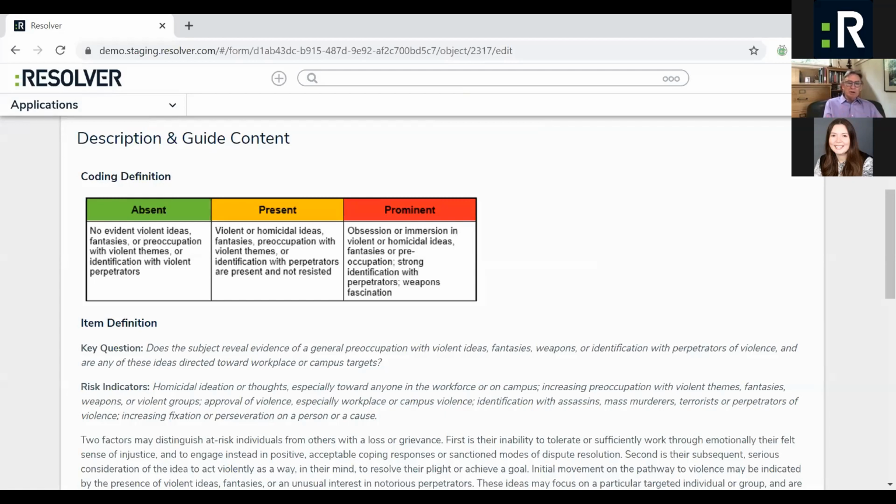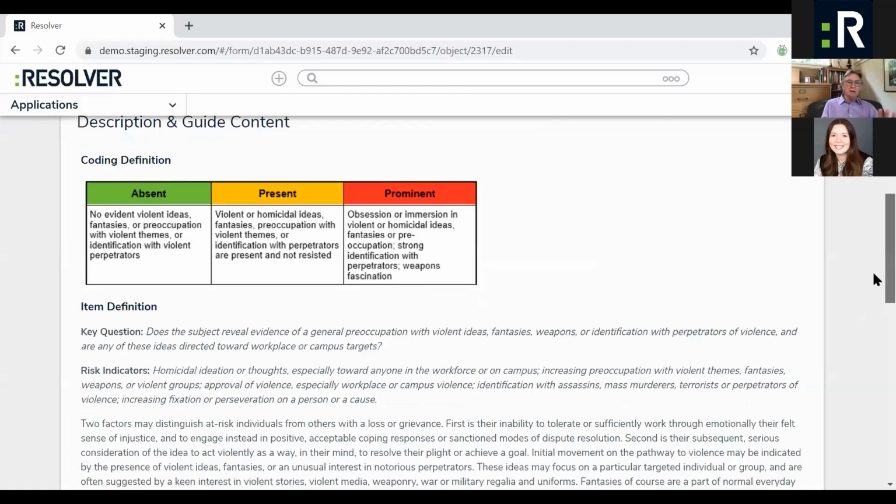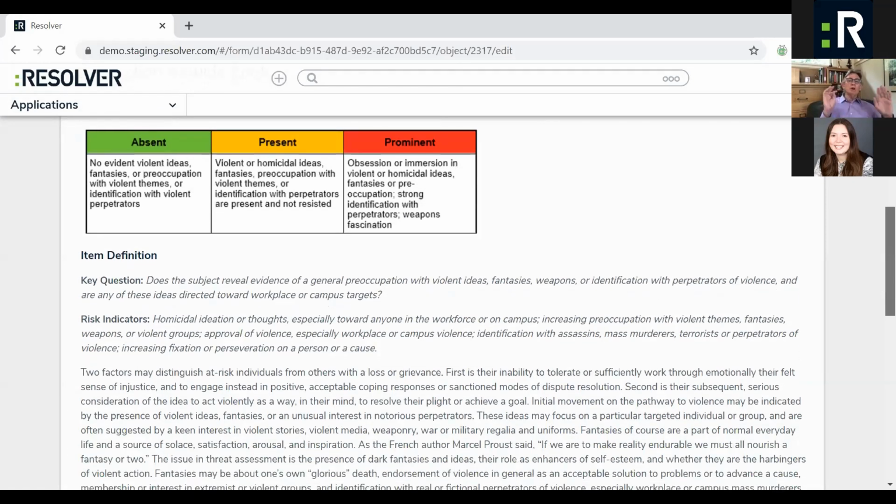We marked it present, saying their violent or homicidal ideas are present. They're not resisted. Prominent, we say, for the worst cases where the individual is obsessed and immersed in violent ideas, may identify with violent perpetrators. It's a very strong mental pattern.